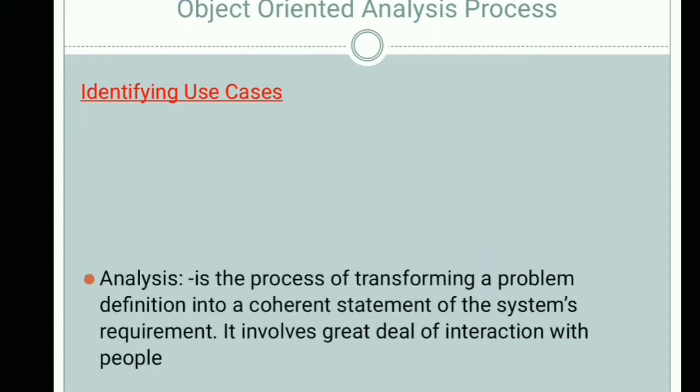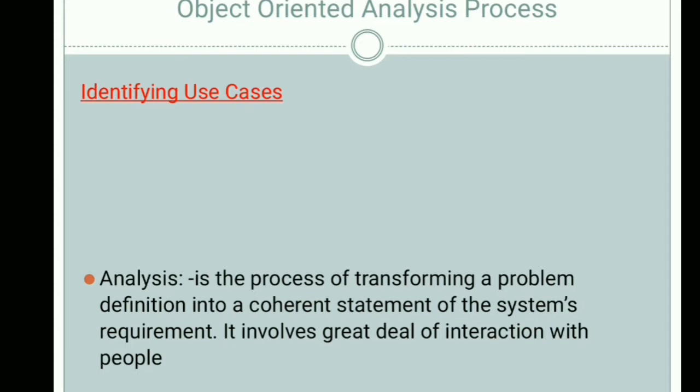The static object modeling in object-oriented analysis comprises object modeling and class modeling. So analysis is a process of transforming a problem definition into a coherent statement of the system's requirements.